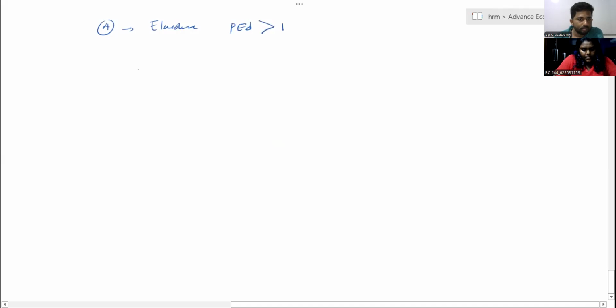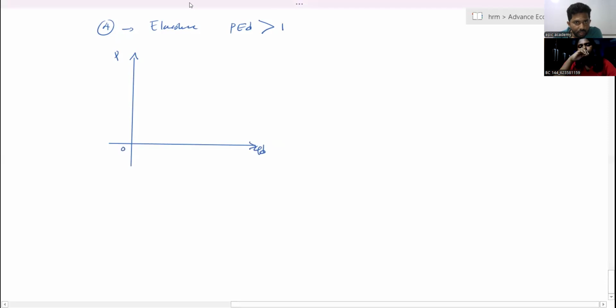PED is greater than 1. This horizontal axis is the quantity demanded and the vertical axis represents the price. This is the 0 point. And now the shape of the curve becomes something like that.